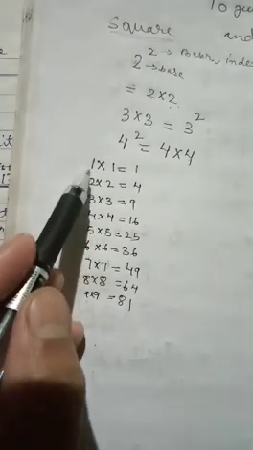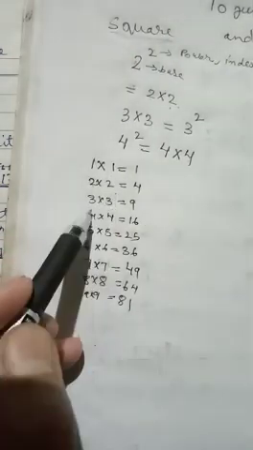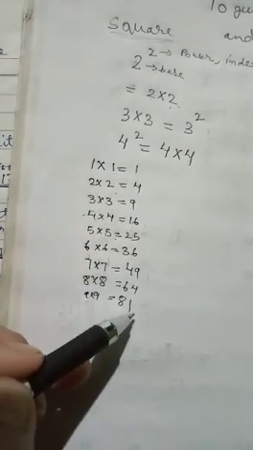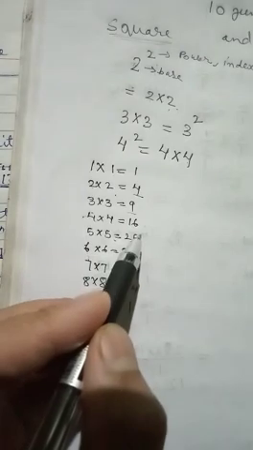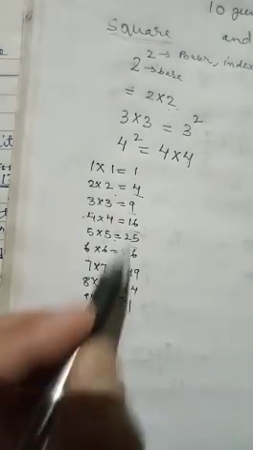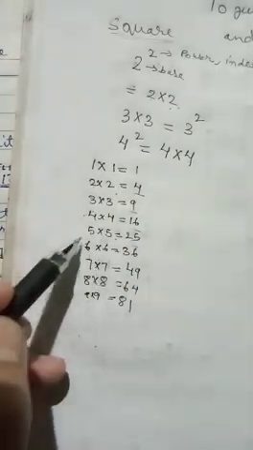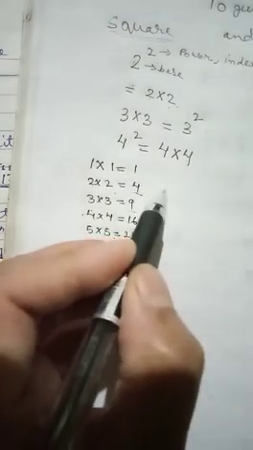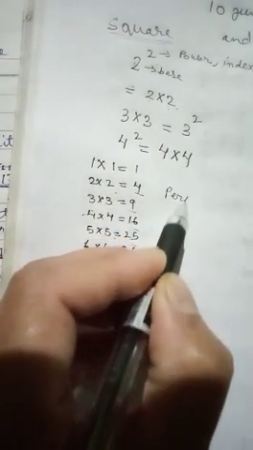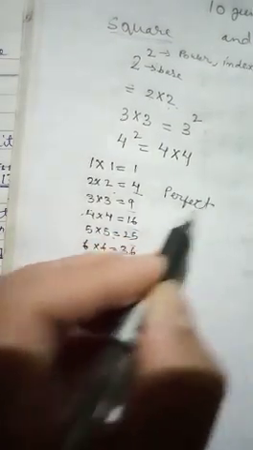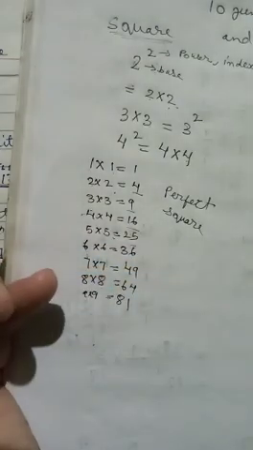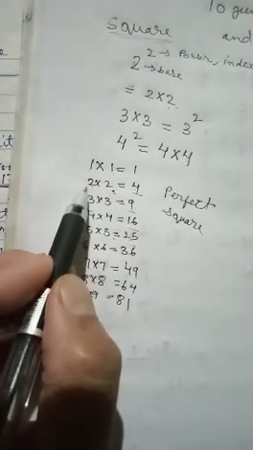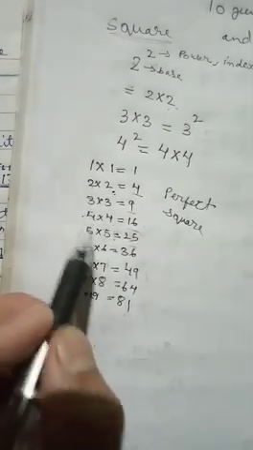Here you see, we multiply the same number and get numbers like 4, 9, 16, 25, all these. Because we get them by multiplying two same numbers, we call them perfect squares. So remember, when we say square, they should have two partners. Here you see they have exactly two partners of the same kind.